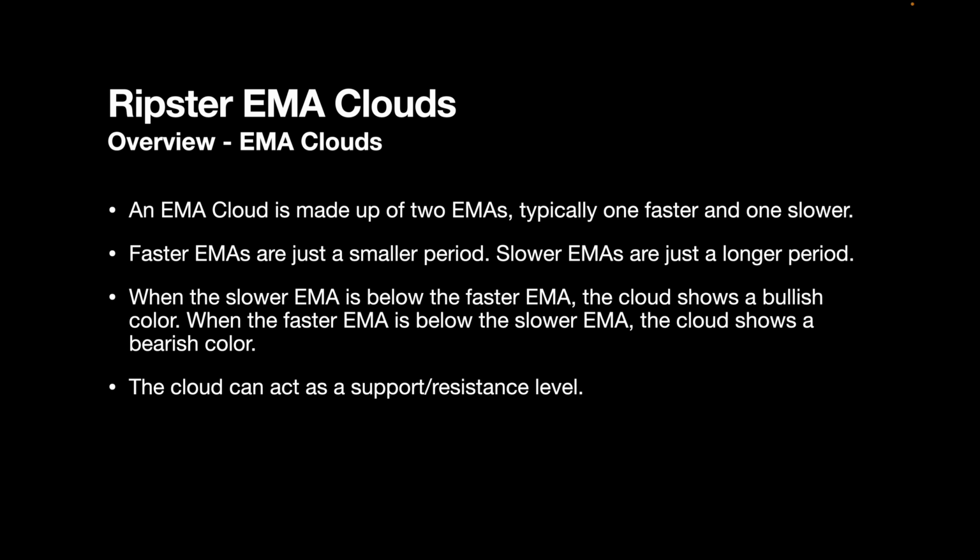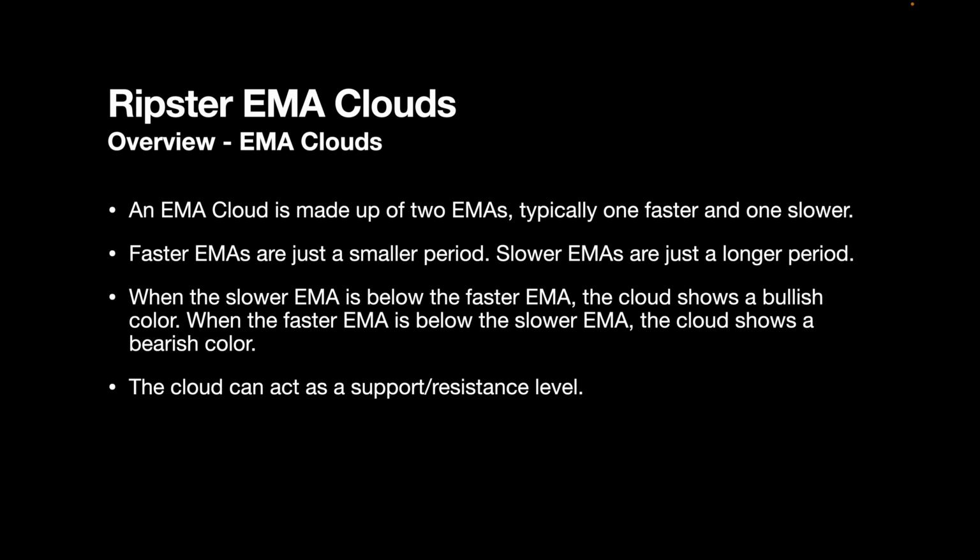And so the nice thing about this cloud is you can do some interesting things based on where the faster and slower EMAs are relative to each other. On some of the clouds, when the slower EMA is below the faster EMA, the cloud will show, let's say, a bullish color. And when the faster EMA is below the slower EMA, the cloud will show a bearish color.